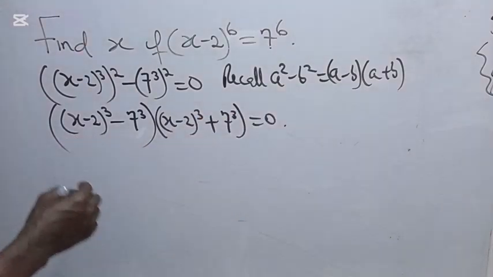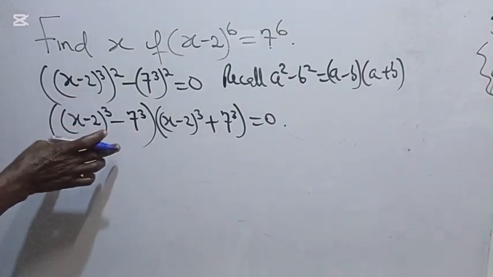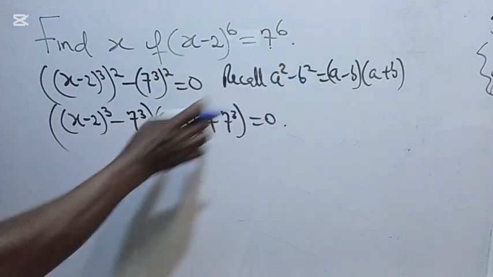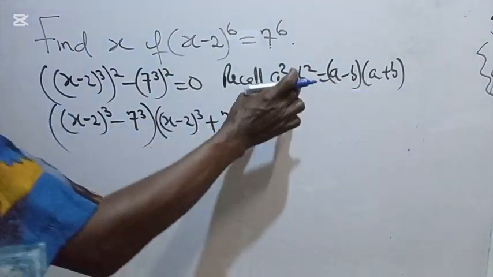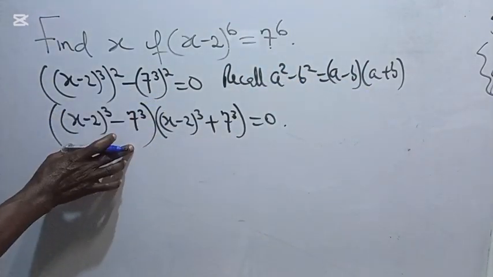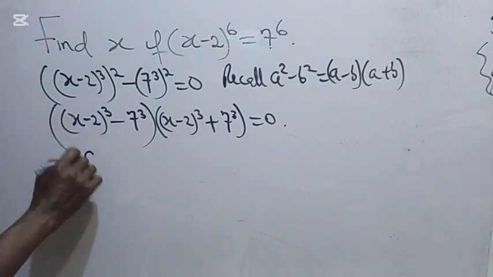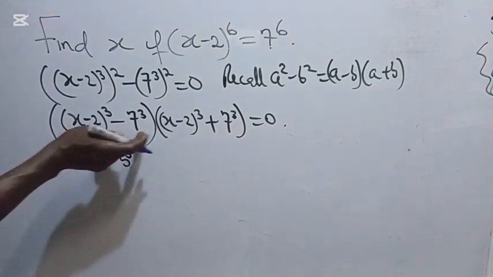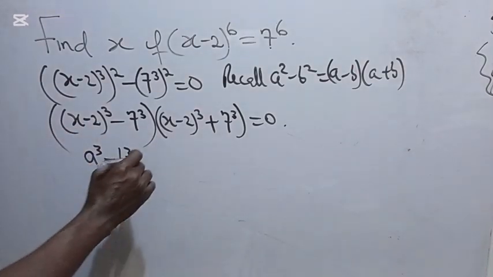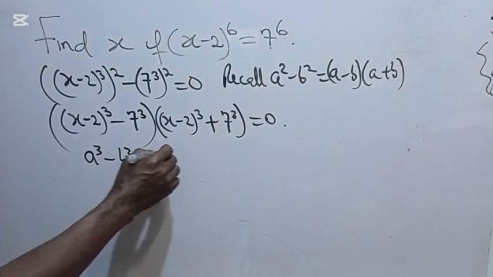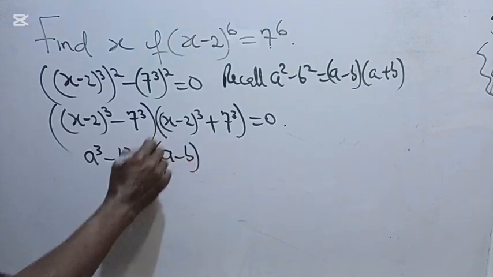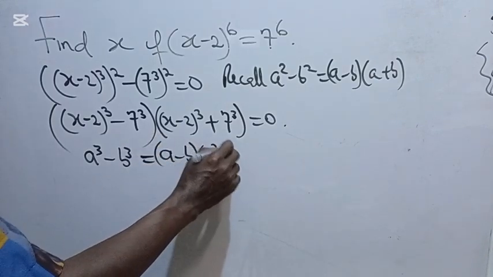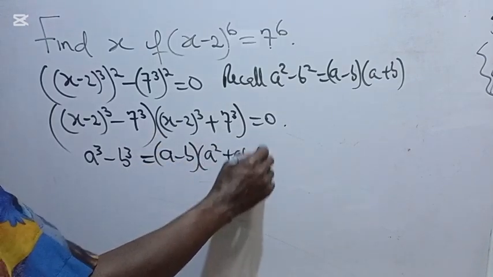So now, you can see that we have already simplified this into this. Let's pick this side. This now looks like a cube minus b cube. The expansion of this is (a minus b)(a squared plus ab plus b squared).